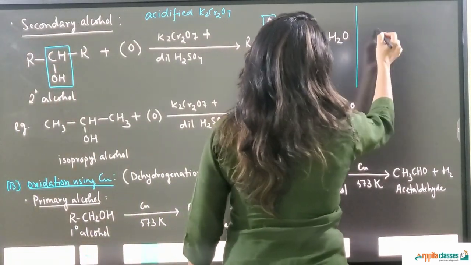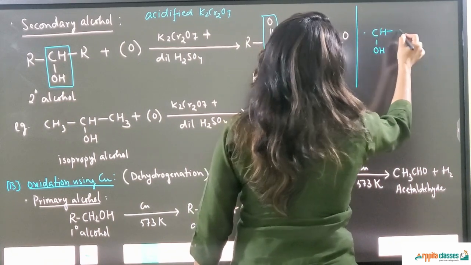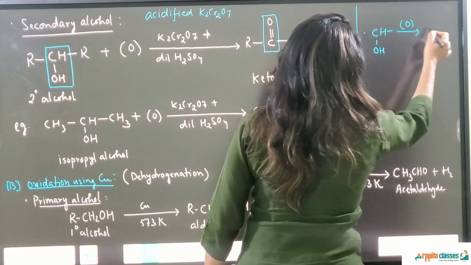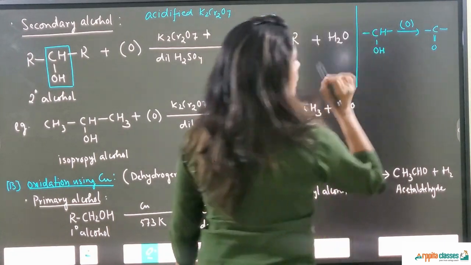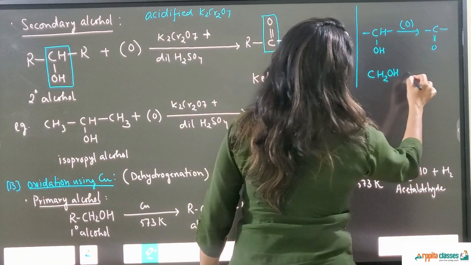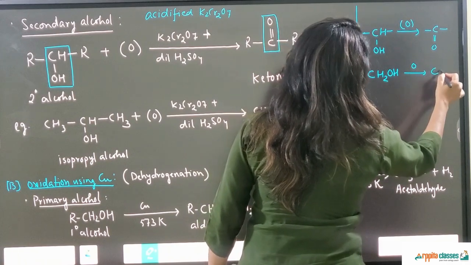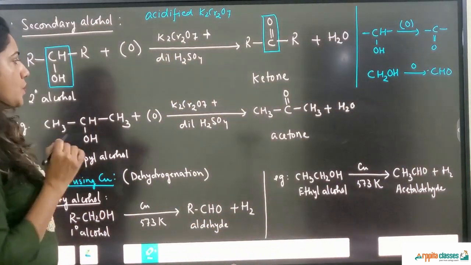I'll just write it here. If it is a CHOH group, on oxidation it is going to convert into CO group, that is ketone group. And if it is CH2OH group, that is primary alcohol, on oxidation it will convert into CHO group, that is aldehyde. These 2 things we need to remember.